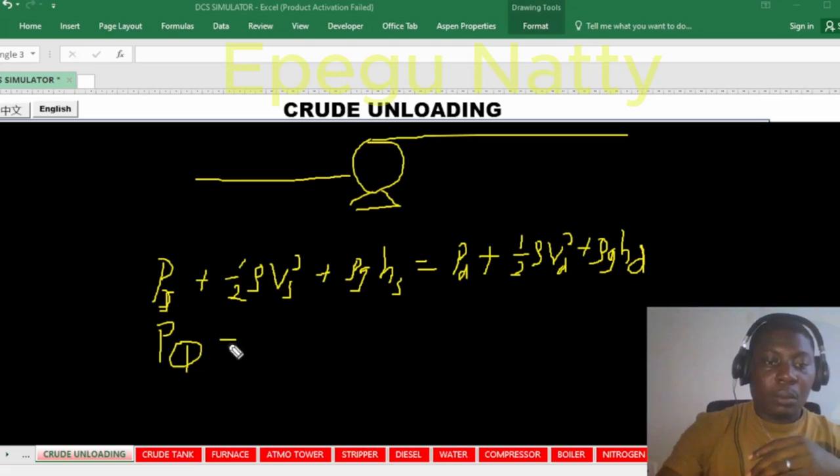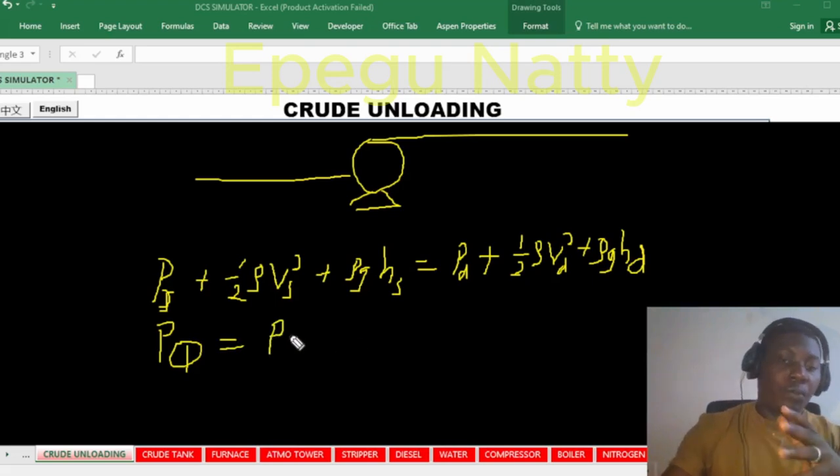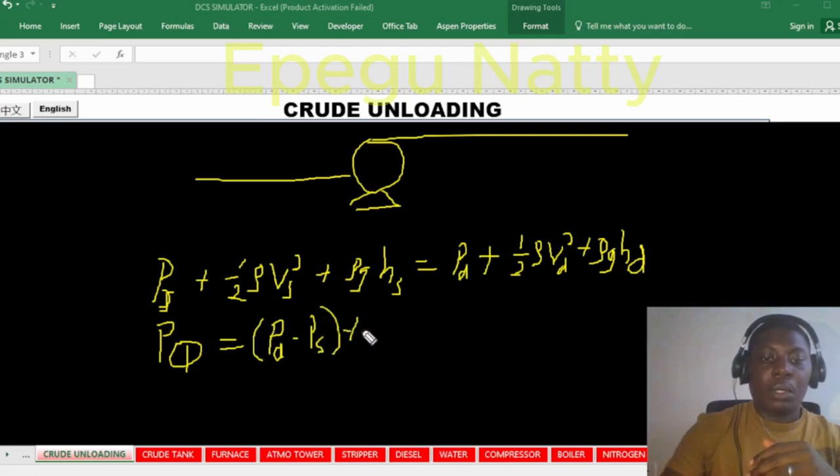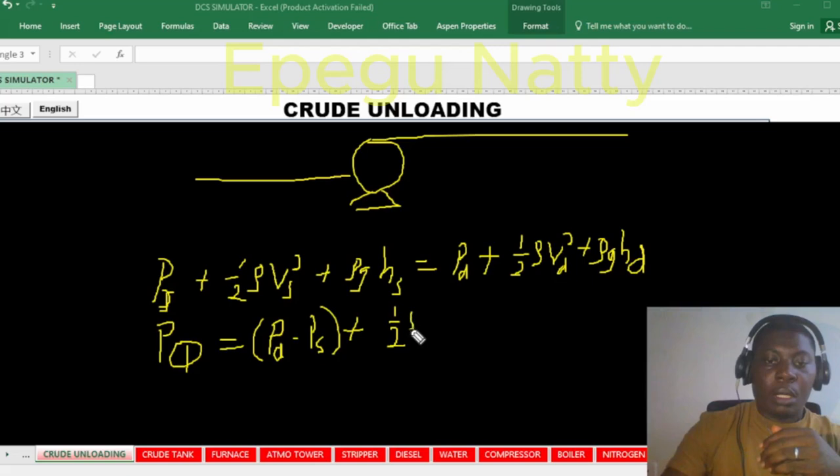So we are looking at P of the discharge, so we are looking at the output minus the input, minus P of the suction, you can close the bracket here, plus the kinetic energy at the V square D, which is the discharge, minus V square at the suction.